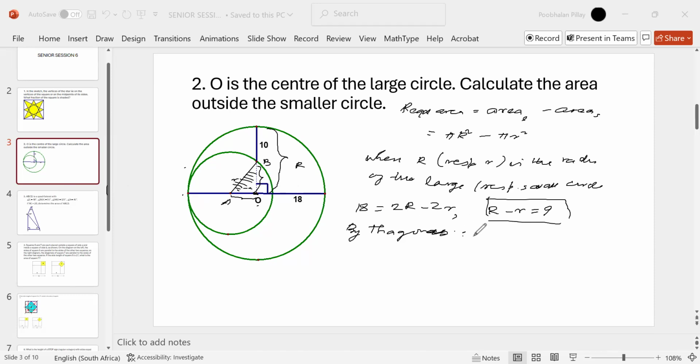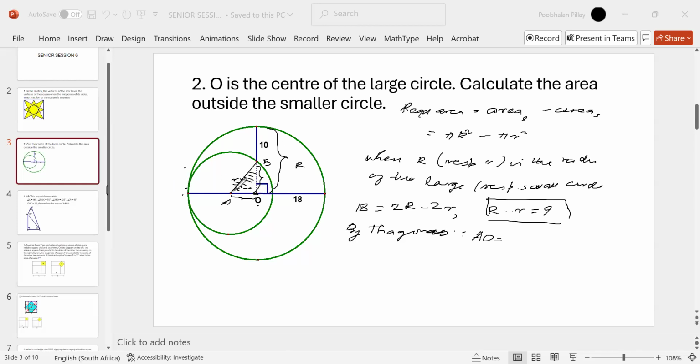If you look at AO, it's equal to the full radius, the large radius, minus the small radius. So it's the large radius, which is that, the center of the large circle, and this is the center of the small circle.